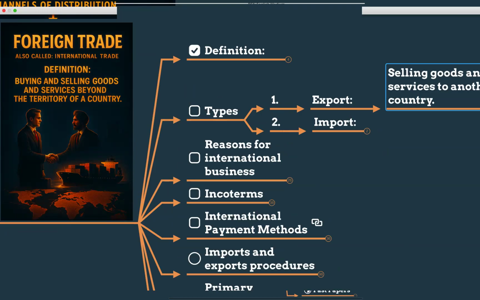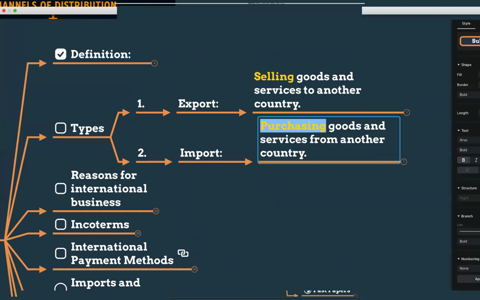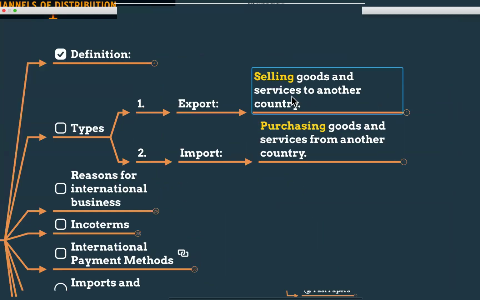And import means you are doing a business or as an individual, purchasing goods and services from another country. So that's the difference: in export you are the seller, in import you are the purchaser, the buyer.